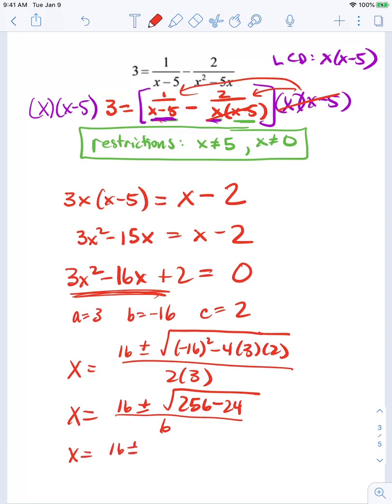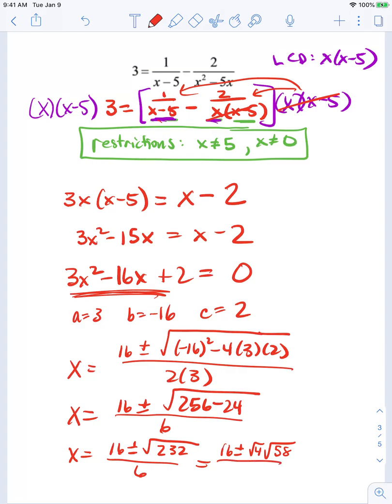16 plus or minus 256 minus 24 is 232. 232 is divisible by 4, so it's going to be 4 root 4 times root 58.